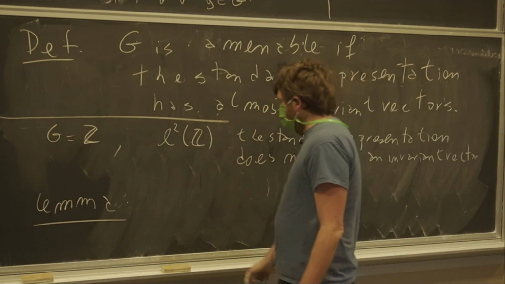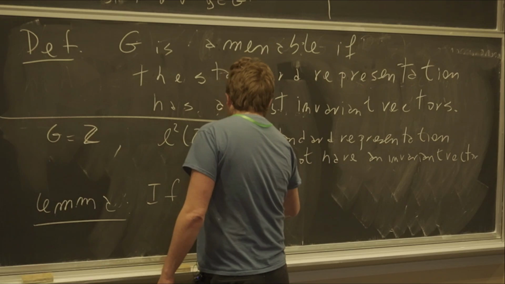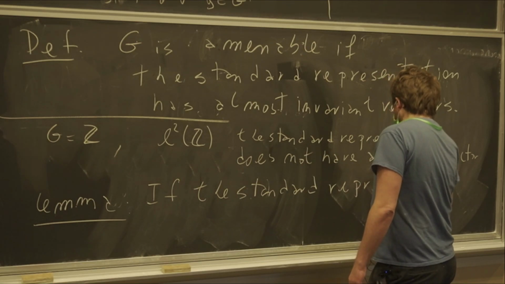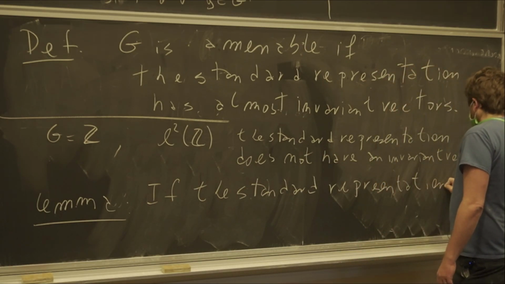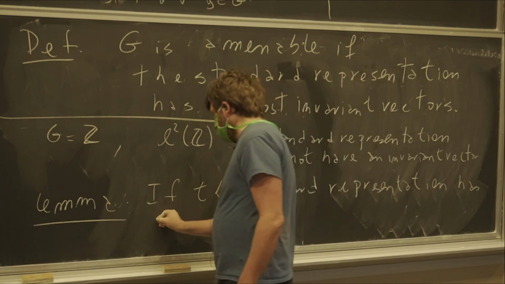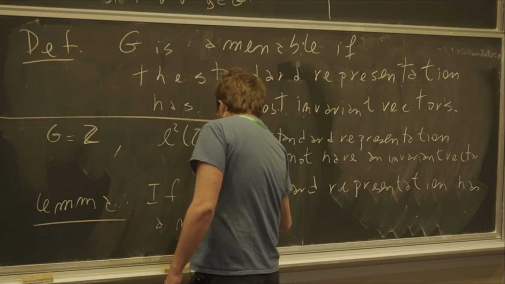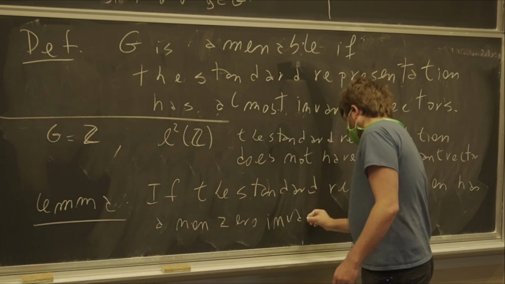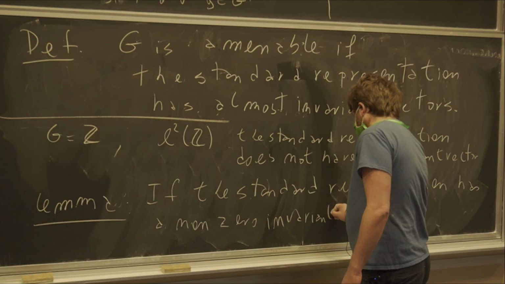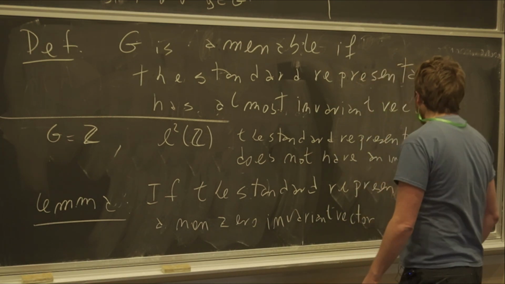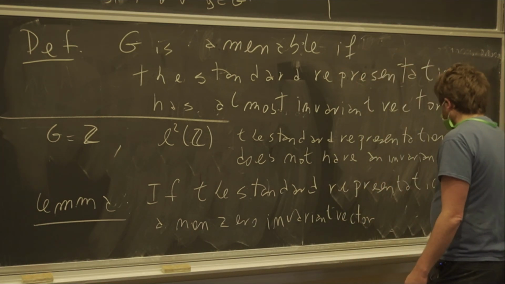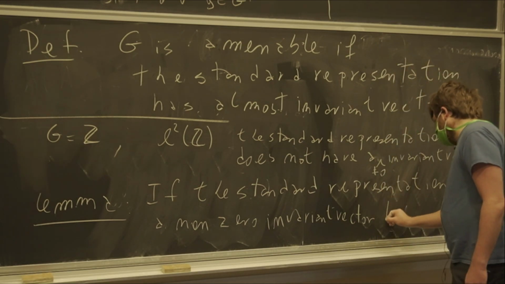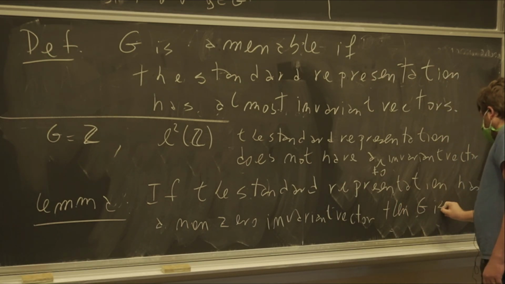It says that if the standard representation has a non-zero invariant vector, of course the 0 is always invariant, then G is compact.